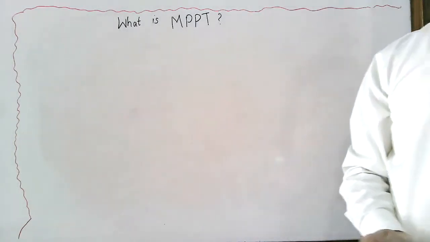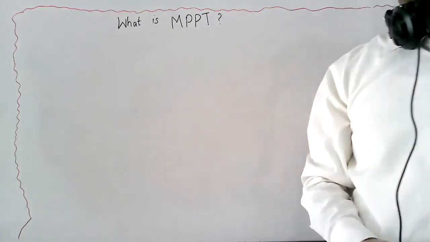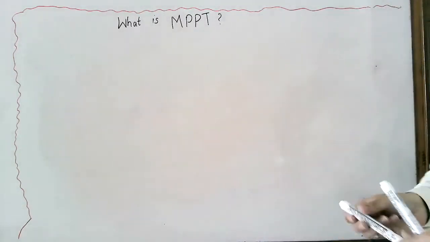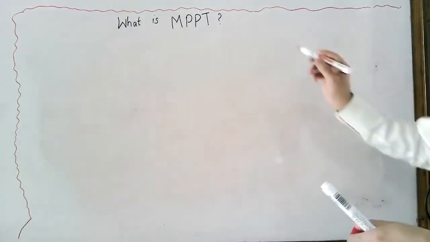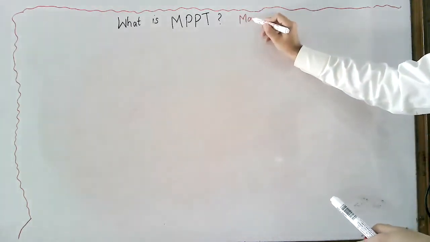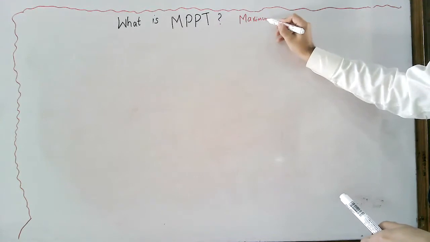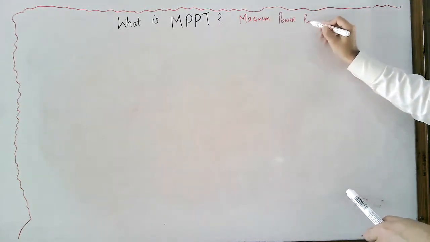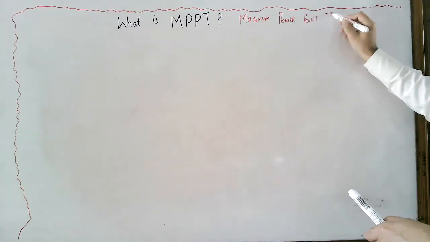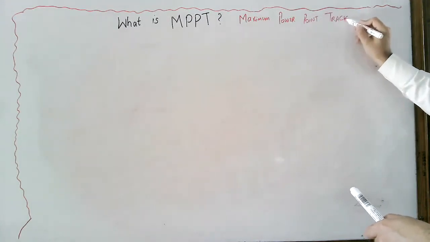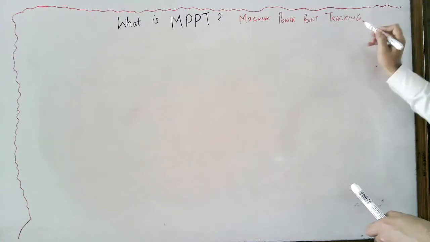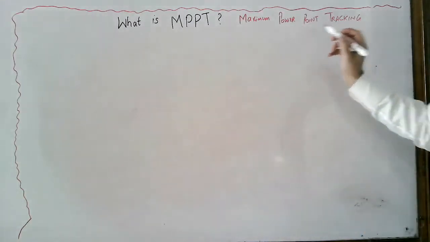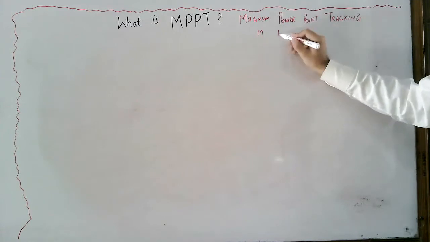In this video lecture, we are going to discuss what is maximum power point tracking, MPPT. We are going to understand the concept of maximum power point tracking in PV systems.